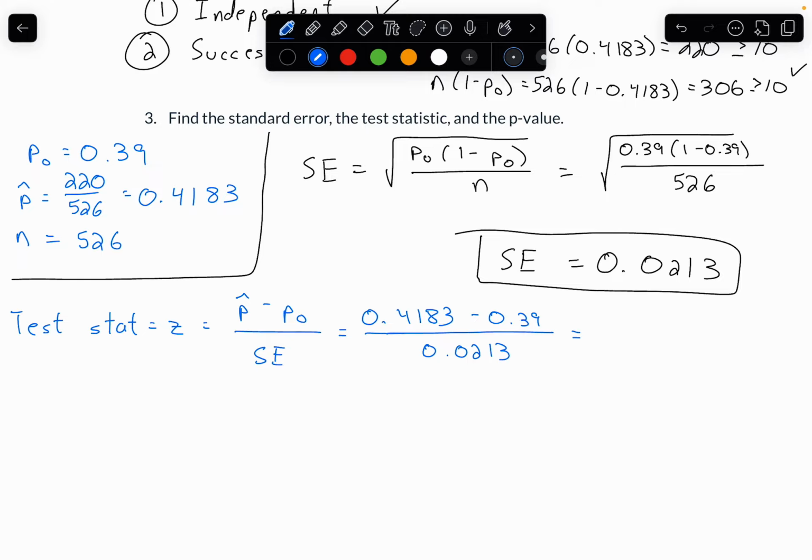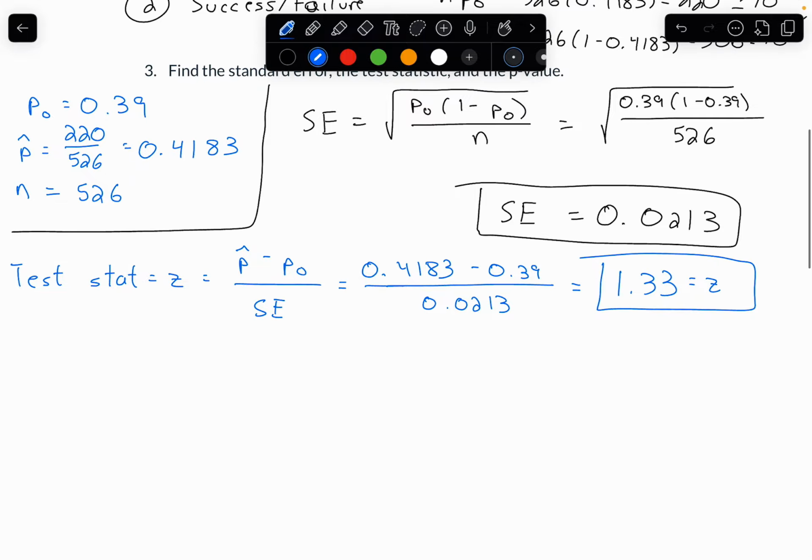So let me do this real quick, 0.4183 minus 0.39, and then we divide, and I ended up with roughly 1.33. I'm only going to round to 2 decimal places here because remember that this is a z-score. For my z-tables, it only tells me 2 decimal places, so that's all I can really use in this case. So my z-score is 1.33.